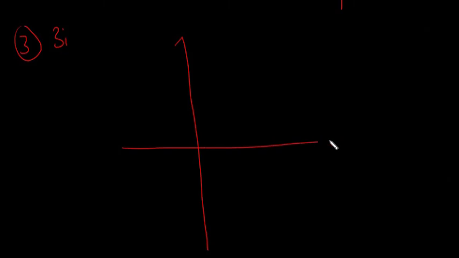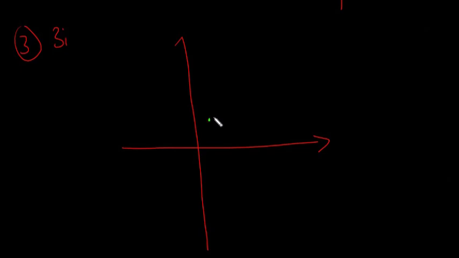Okay, last example then. We have number 3, if we multiply it by 3i. I'm going to draw a nice big one for this because it's going to be needed. So now we're going to have 3iz, and I'll do it in green. Our z is still going to be here.